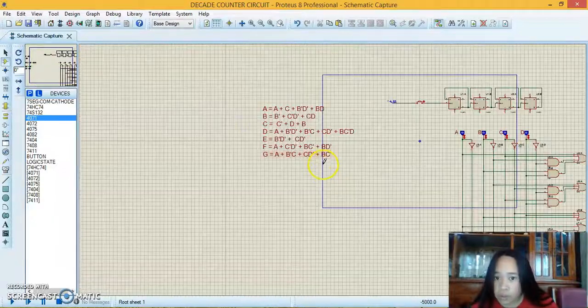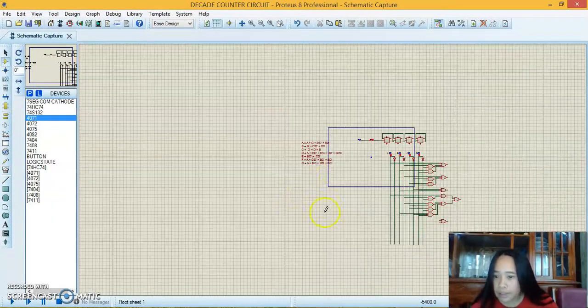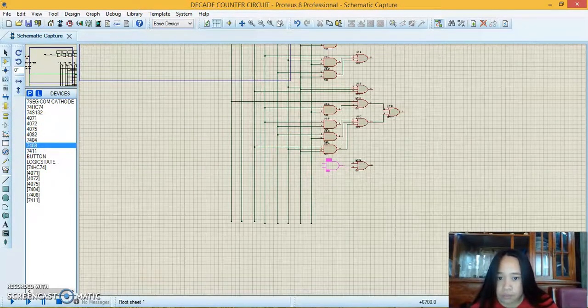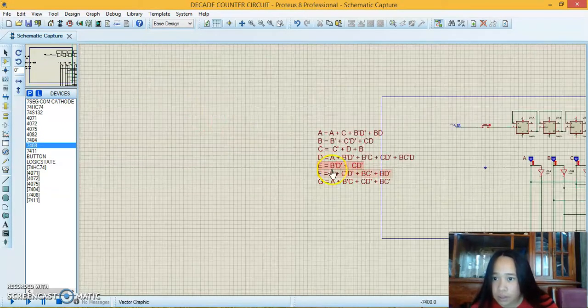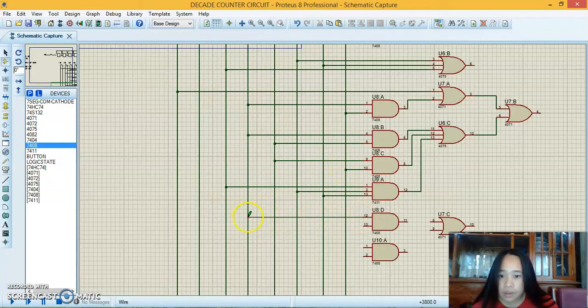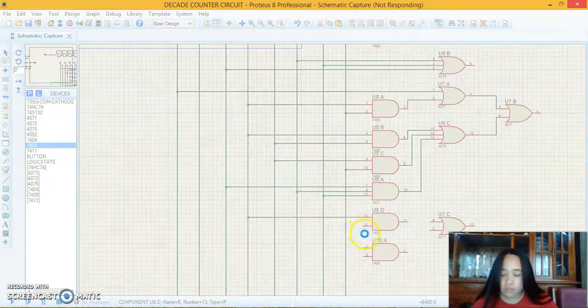We need a two input AND gate here. Let us connect B prime D prime. Wait, there is an error.